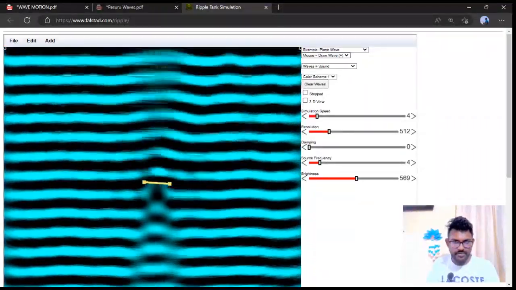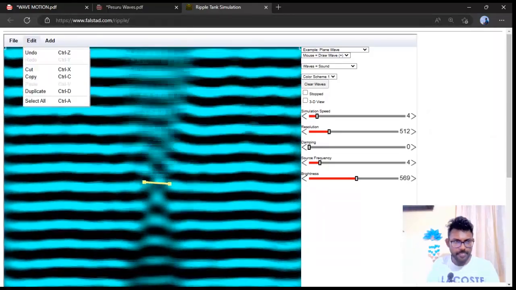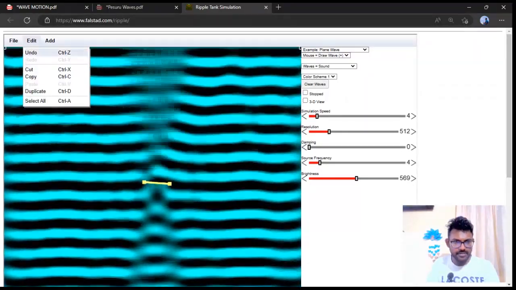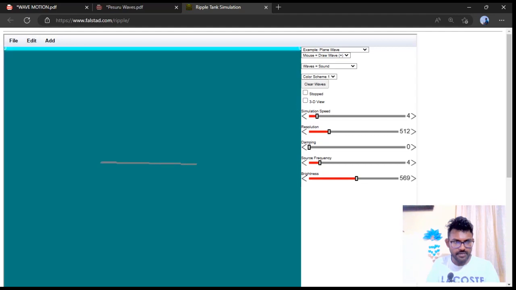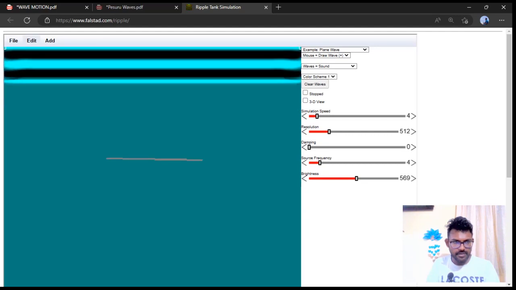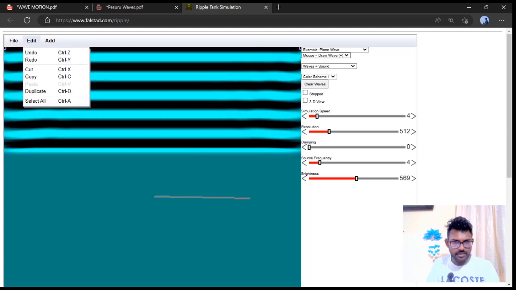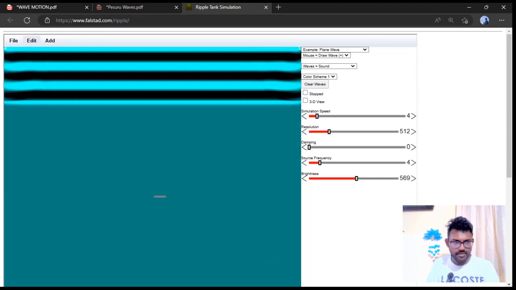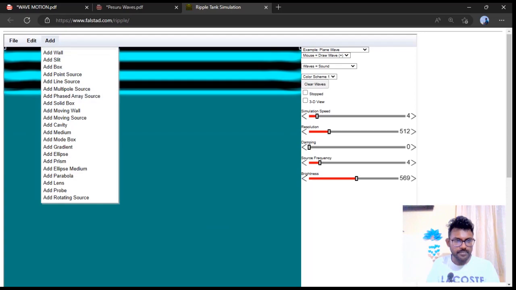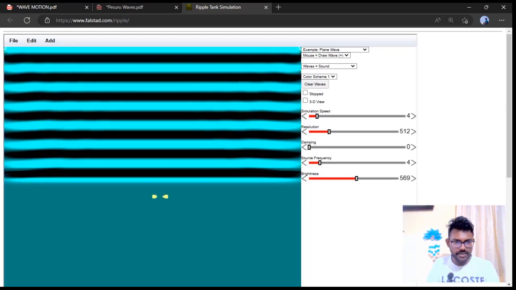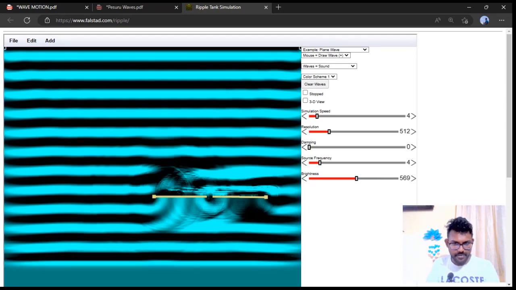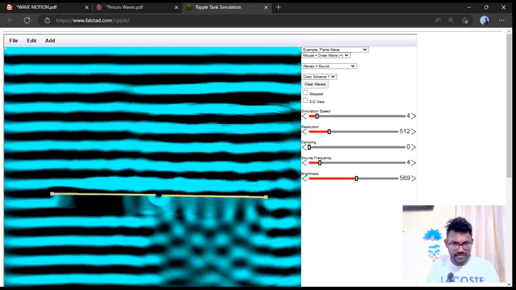Next, let me add a slit here. Slit means an opening like this.